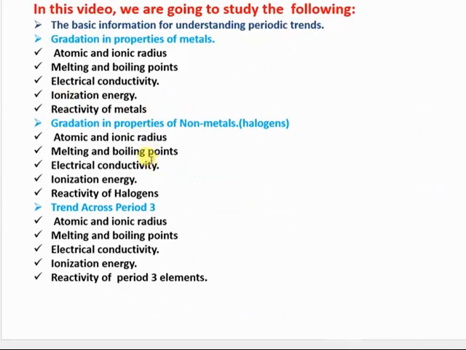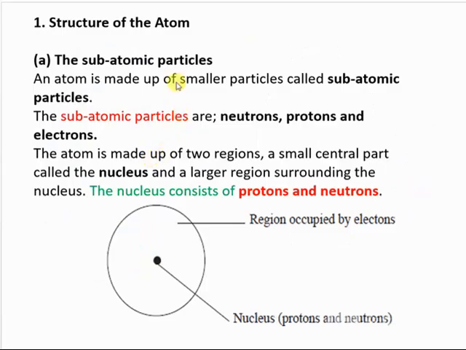Now I want to look at the basic information that we need to have in our mind: the structure of an atom. The atom is made up of two major parts. That is the nucleus, which contains the protons and the neutrons, and then this region which contains the electrons, the one we call the energy levels.